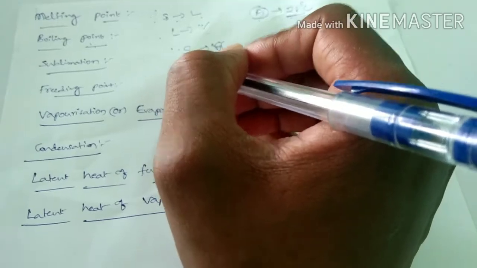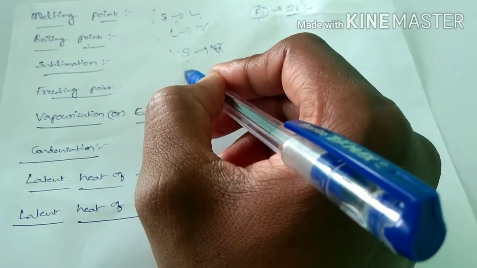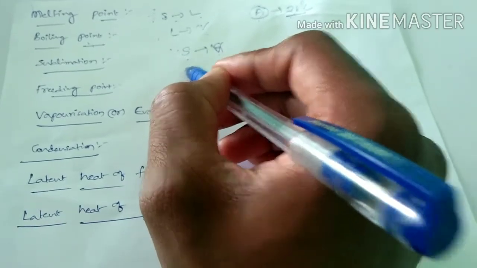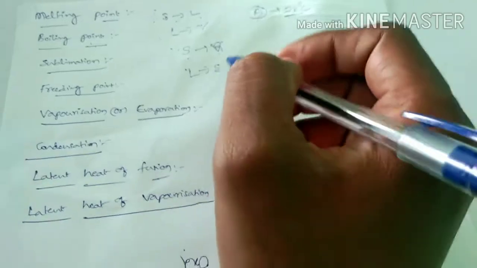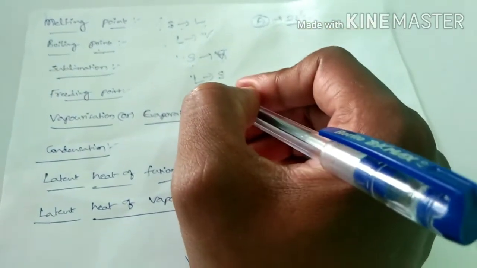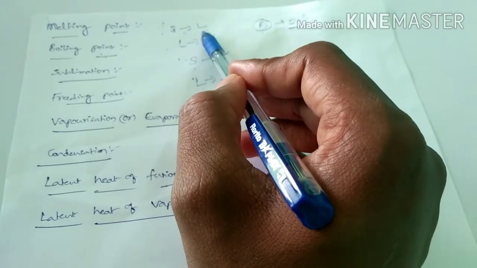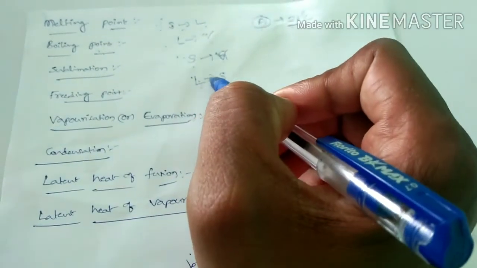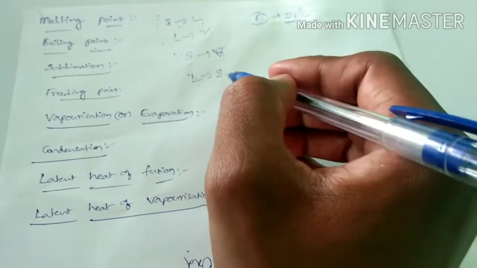So freezing point means the temperature at which liquid is converted into solid. Liquid is converted into solid is called freezing point. If solid is converted into liquid, that is called melting point. If liquid is converted into solid, is called freezing point. For example, take water.